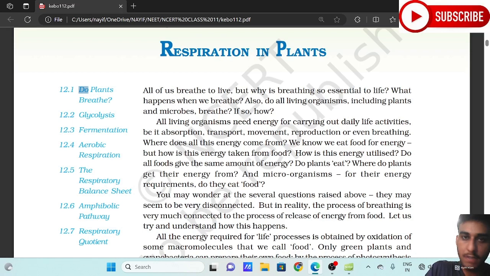Yes, glycolysis, TCA, next the electron transport, next the ATP. Even in glycolysis there are 10 steps. So what is the reason for so many steps? It could simply get converted, but the cell does not convert it.